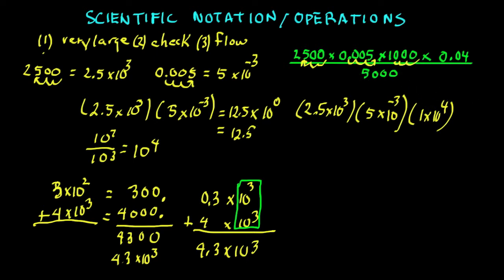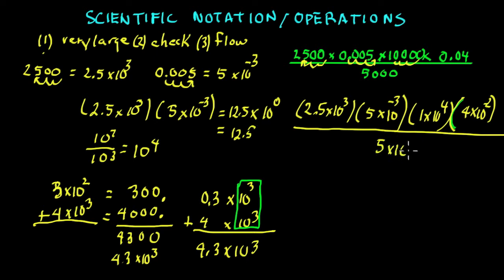Okay, I want to make this a 0 up here. I hope this didn't confuse you, because I want to make that 10 to the 4. Okay, follow me. And this one now is 4 times 10 to the minus 2, all divided by 5 times 10 to the 3.